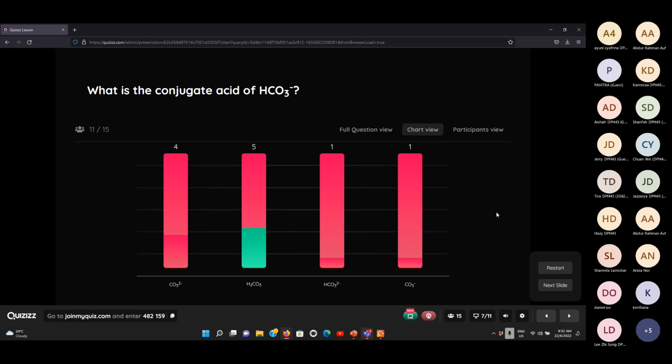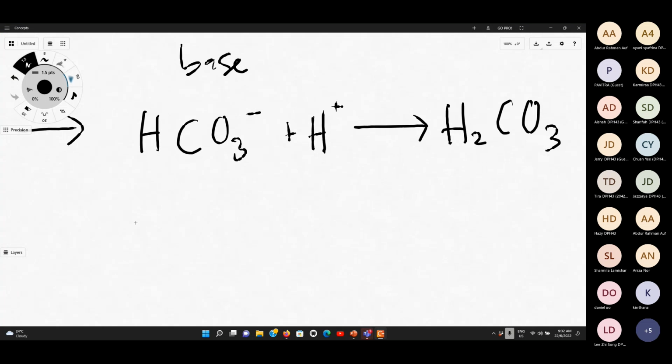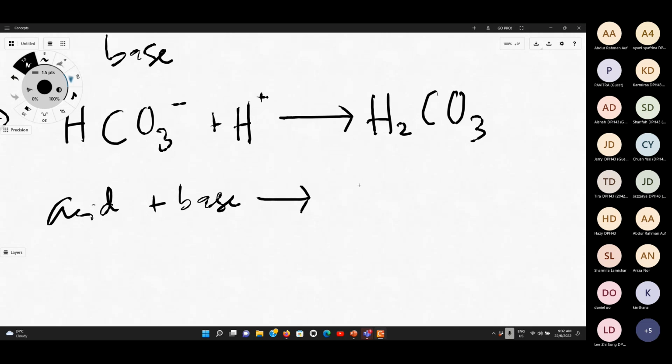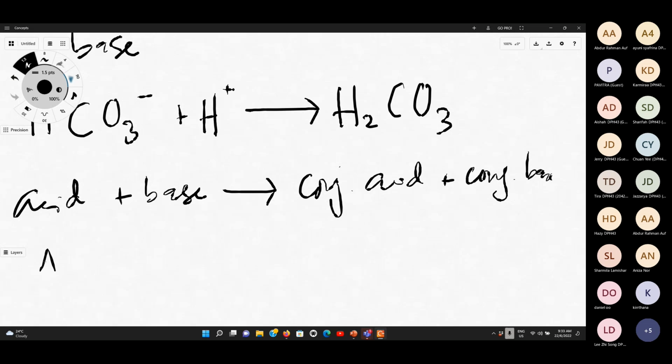Sekejap ah. HCO3, saya takut saya define ni salah pula. Acid and base that akan produce conjugate acid tambah conjugate base. So kalau A is acid, B is base, yang kita ada kat sini A minus and BH.